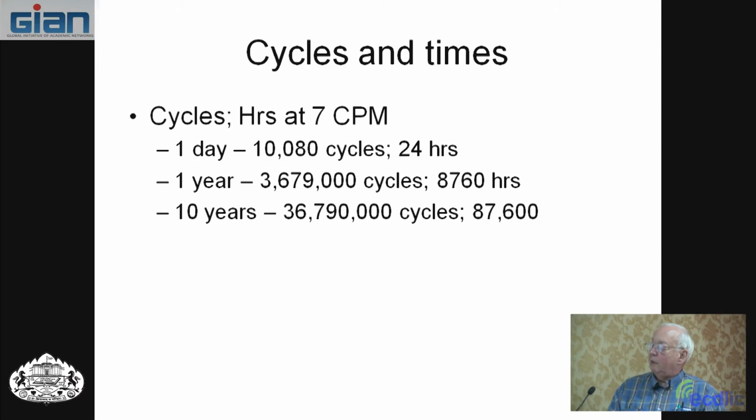Could this last 10 years? I looked at the cycles and the times. 7 cycles per minute, 1 day is already more than 10,000 cycles. 10 years is already 36 million cycles. So that's very, very many. And these are the numbers of hours that go with that. So 1 year is a little bit under 10,000 hours.